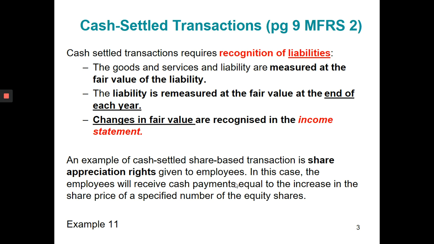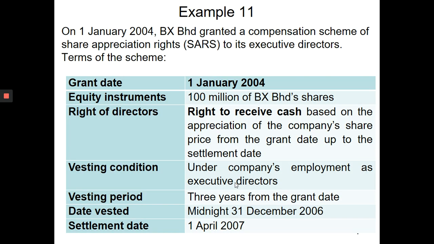So beza kan? Kalau equity settle dia dapat shares, dia jadi pemilik, dia jadi pemegang saham. But if you have cash settle at the end of the condition, katakanlah after 3 years service, dia akan dapat dalam bentuk cash.